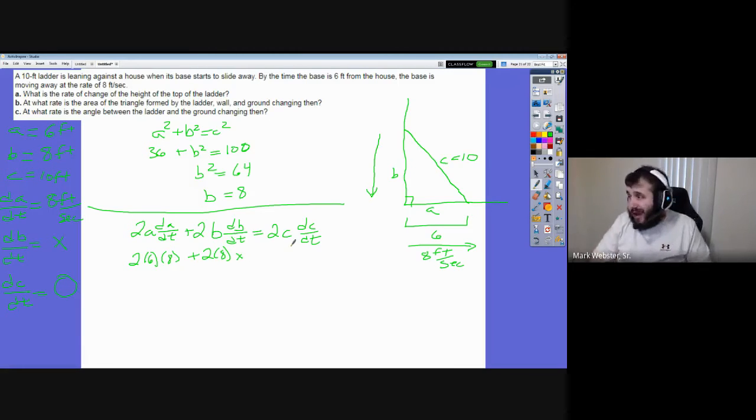I always replace it with an x just so that I'm singularly focused. I like to be focused on what's going on. You don't have to, but that's the way I do it. 2 times C, which is 10, times dC dt, which is 0. Then I'm just going to clean everything up, right? 2 times 6, whatever that is, 12 times 8. 96, yeah?